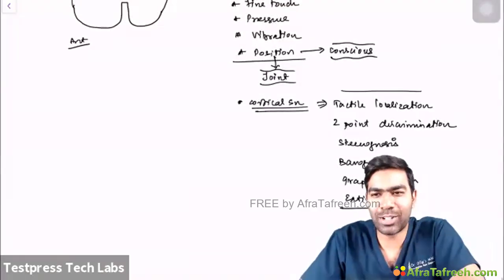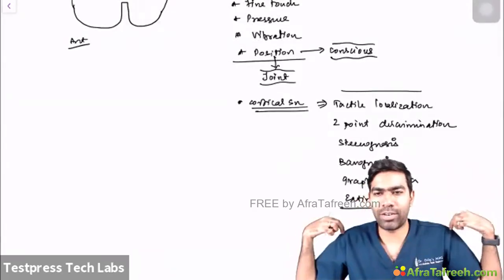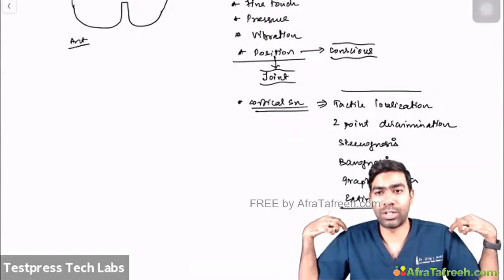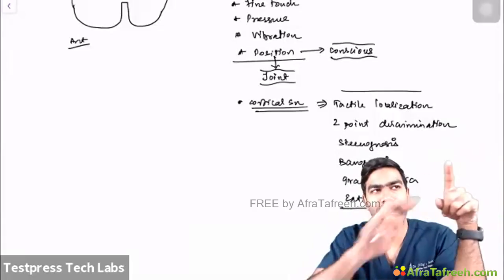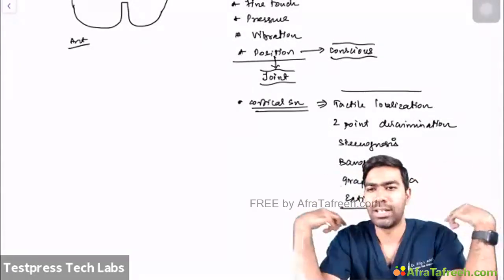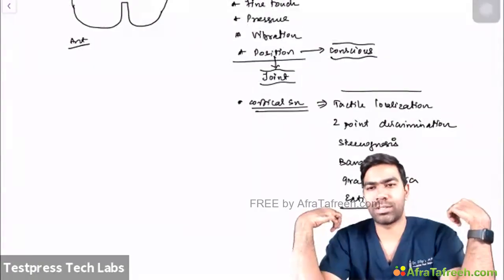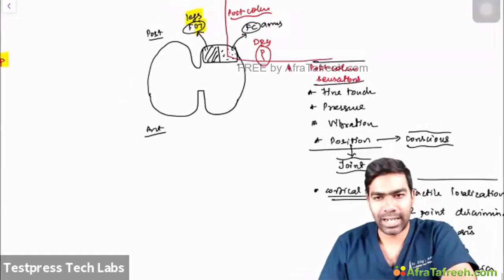So there is something called tactile extinction. What do you mean by tactile extinction? We discussed already. The ability to identify simultaneous stimuli from both sides as simultaneous is what we refer to as tactile extinction. Remember, identifying two separate stimuli at the same place as separate is 2-point discrimination. Identifying simultaneous stimuli on both sides is extinction. Loss of extinction is what we refer to as neglect. So these are the cortical sensations.